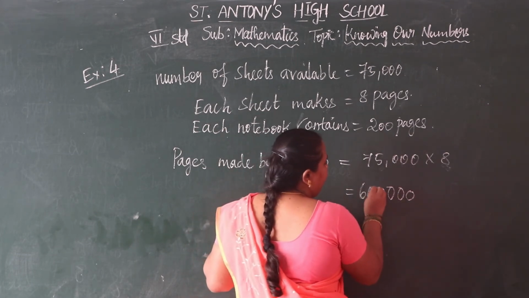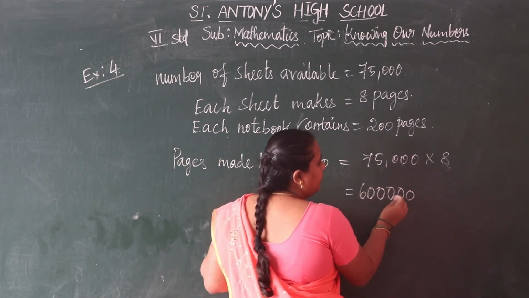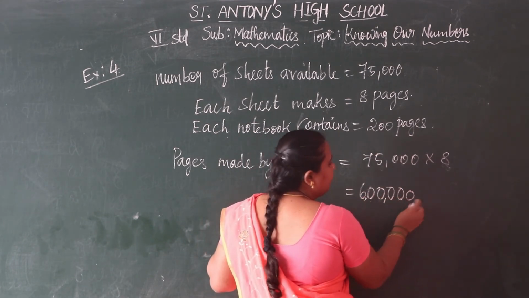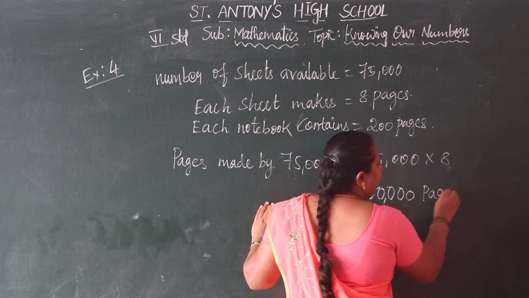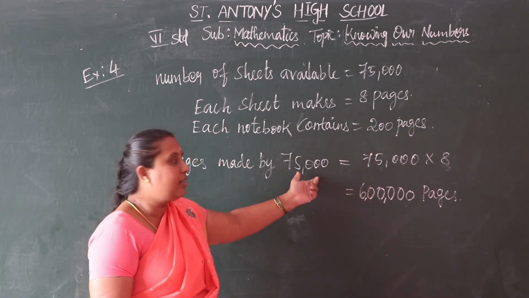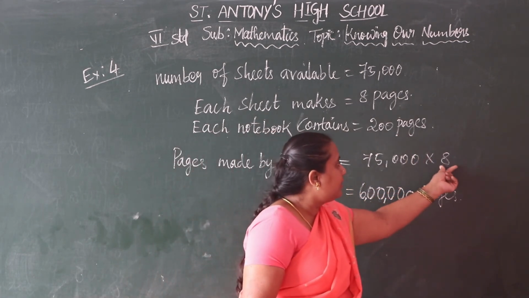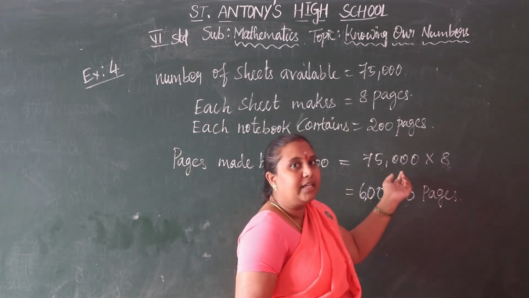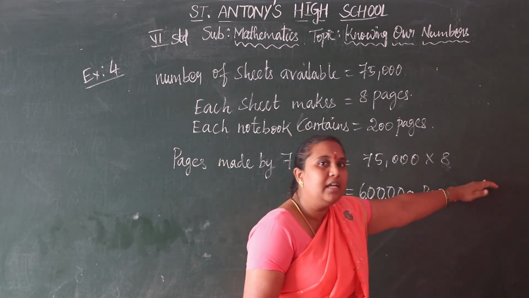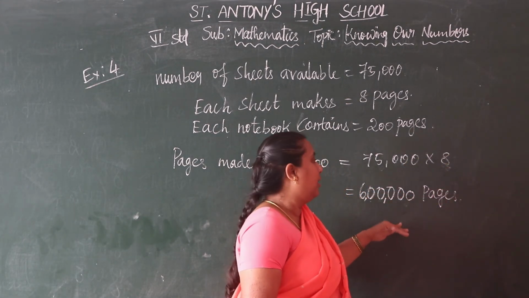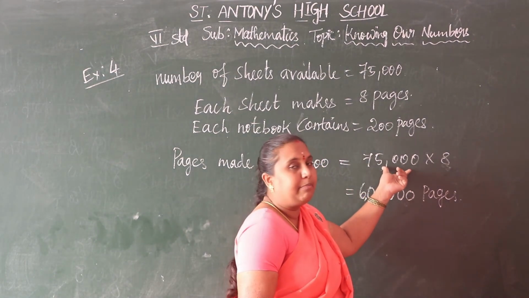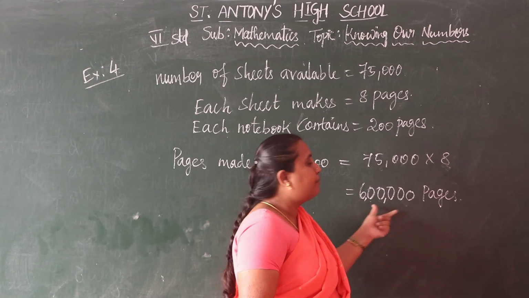Okay, so here ones, tens, hundreds, thousands, 10,000s and lakhs. So 6 lakhs pages we can make from the 75,000 sheets. Understood, children? See here, only one digit means we can multiply it as it is. But here we have 2 digits, so we want to multiply separately and write the answer.